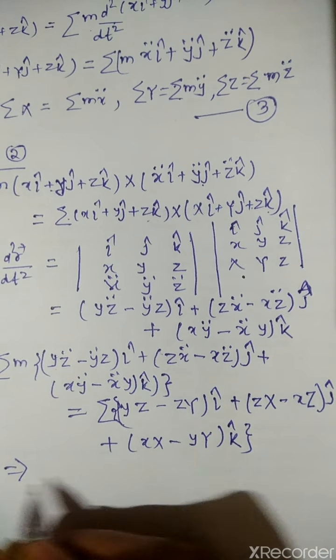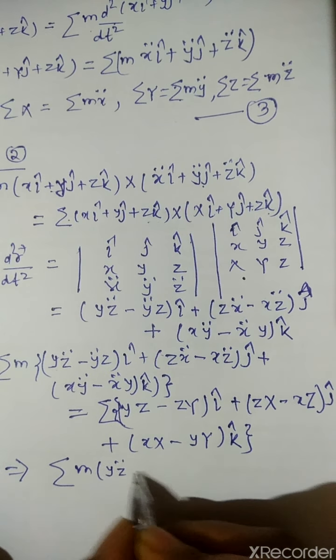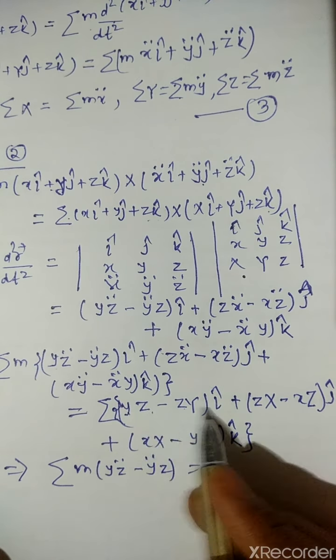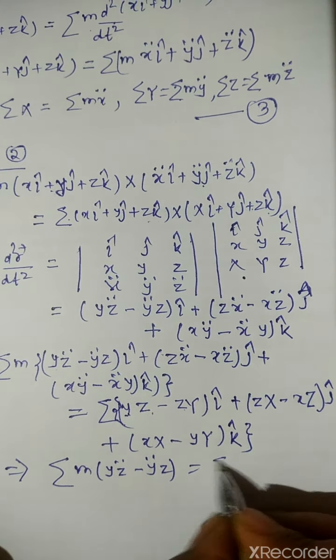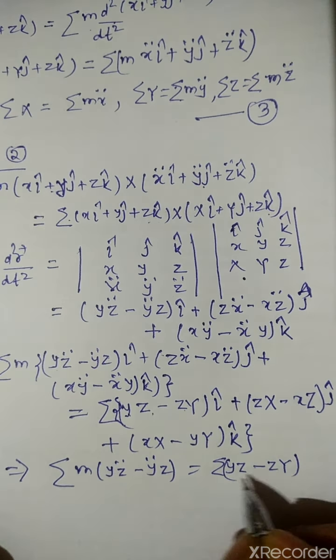So we are left with sigma m (y z double dot minus y double dot z) equals sigma (y Z minus z Y) in summation form.